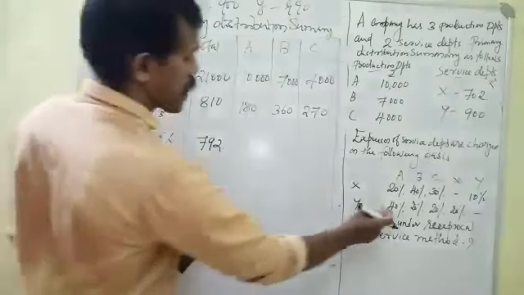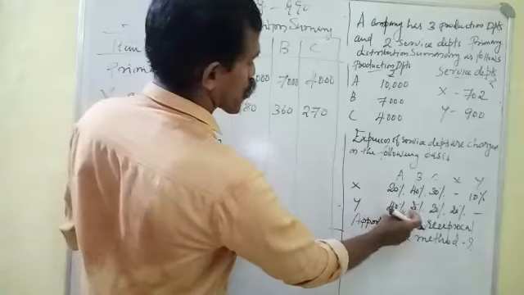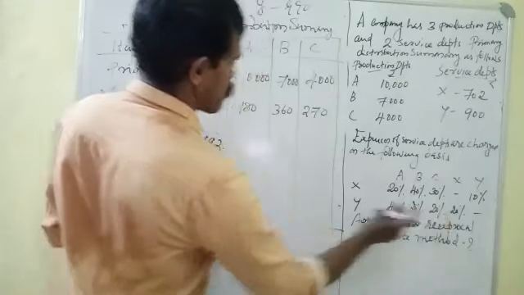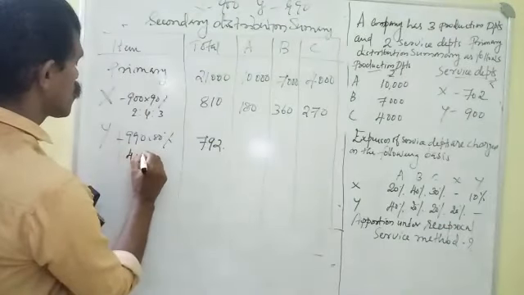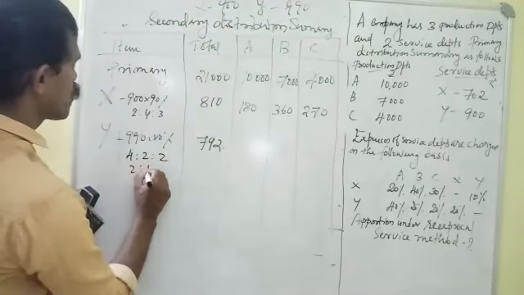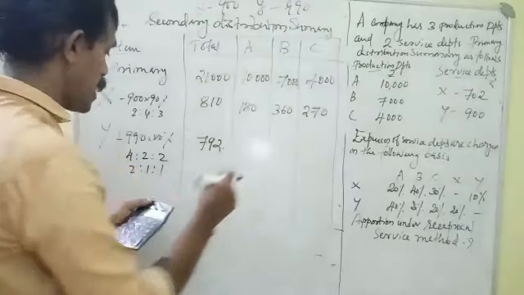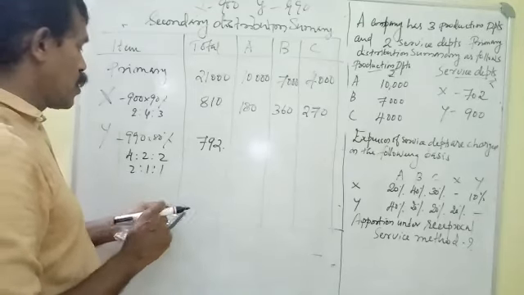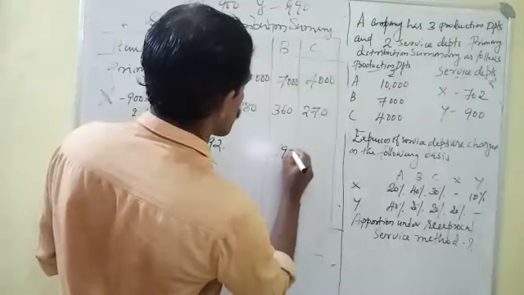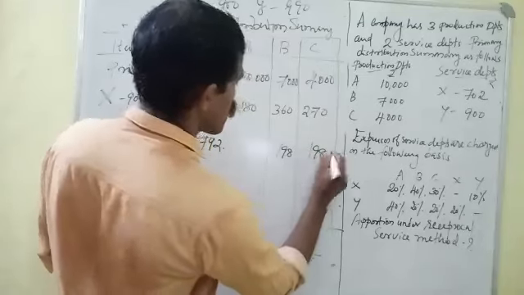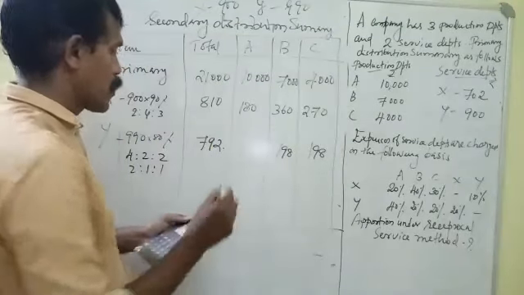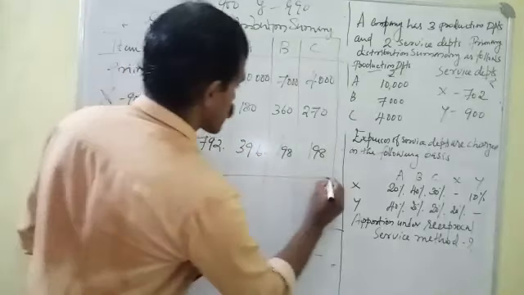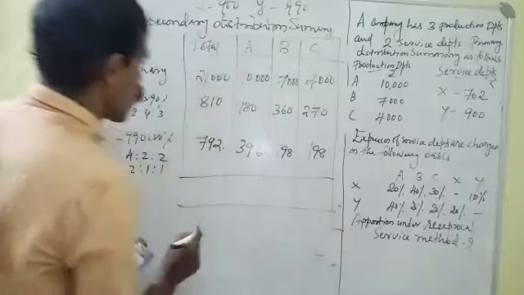We distribute this 792 in the ratio of 4 to 2, which we can reduce to 2:1:1, among A, B and C. 792 divided by 4 is equal to 198. So 198 for B and 198 for C, then for A 396.